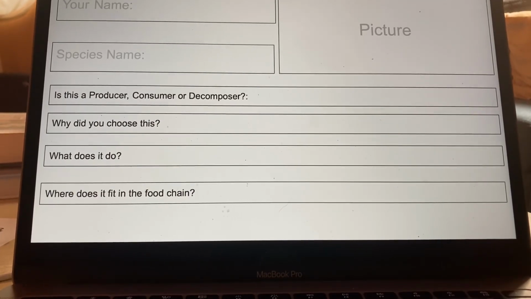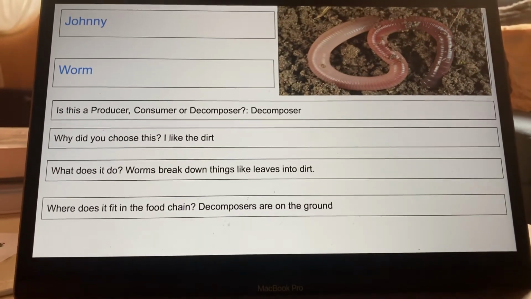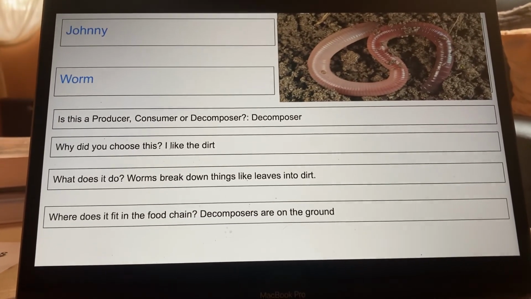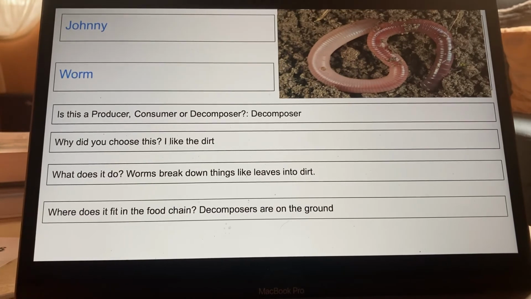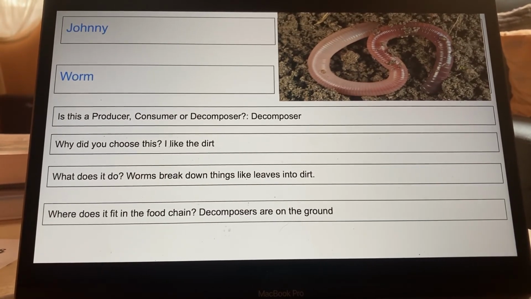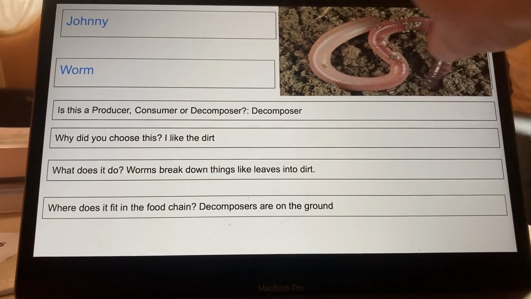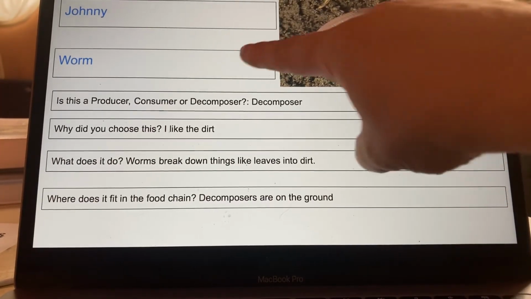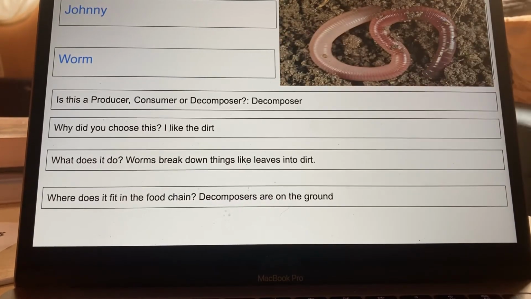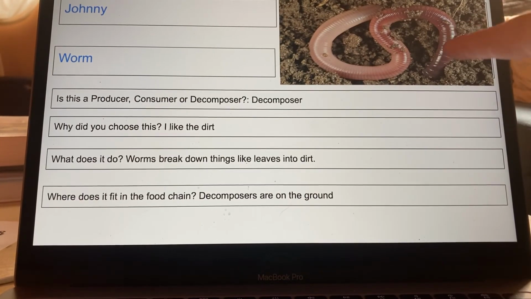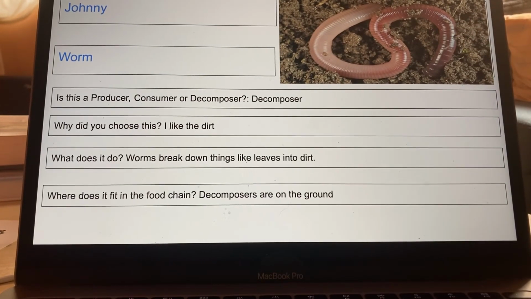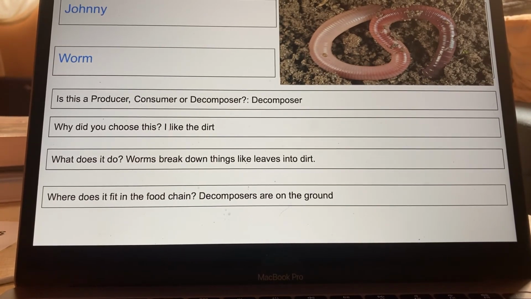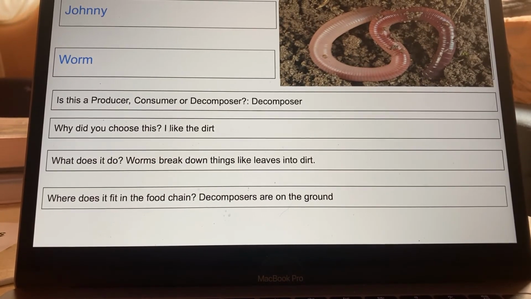So right here is an example that I just want to show you. So I know that Johnny's not in our class. This is just an example student, so you guys have a guide. So Johnny wrote his name up here. He wrote the species, he chose worm, and then he answered also the picture. He answered all those questions on the bottom. Is this a producer, consumer, or decomposer? He chose a worm, so he put decomposer.